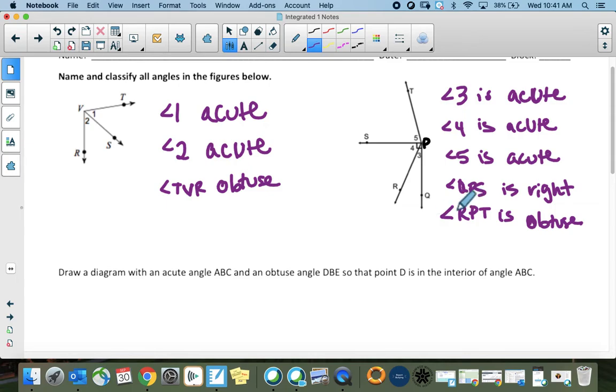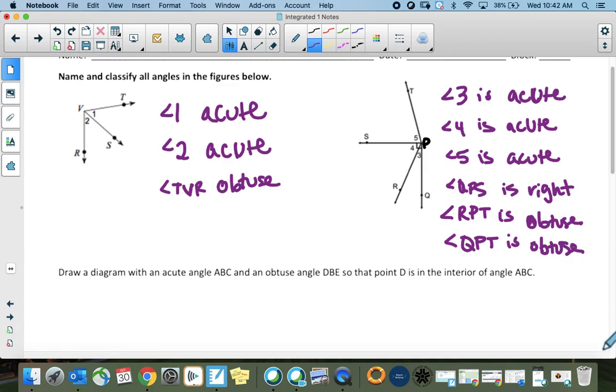Okay. And then we have, so we also have QP. So the other one, the only one we haven't talked about is QPT. So QPT is the big one, which is also obtuse.